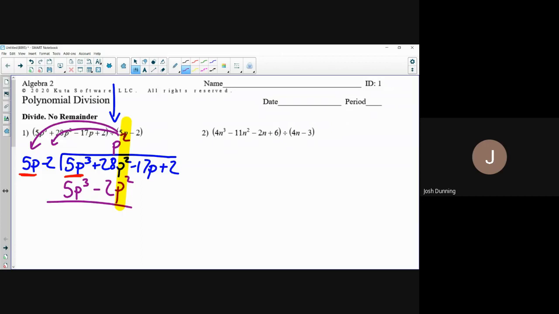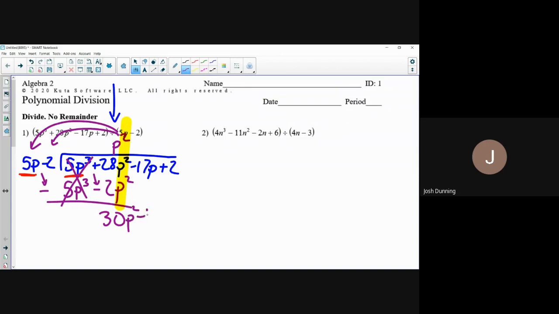You got to be careful. 5 minus 5 cancels. 28 minus negative 2. You're subtracting that whole binomial. So it's minus, this minus negative 2. 28 minus negative 2 is 28 plus 2, or 30.